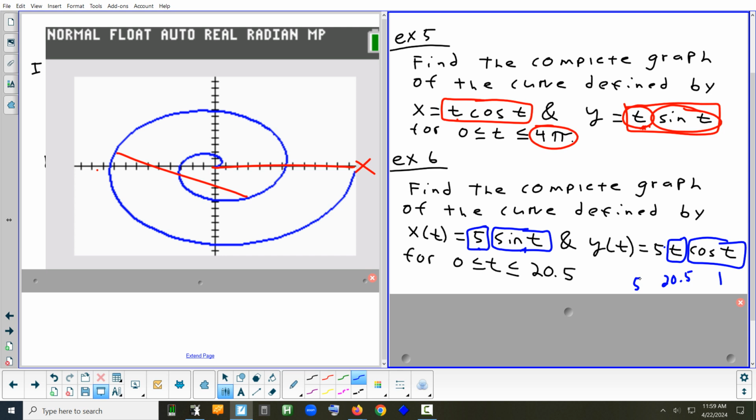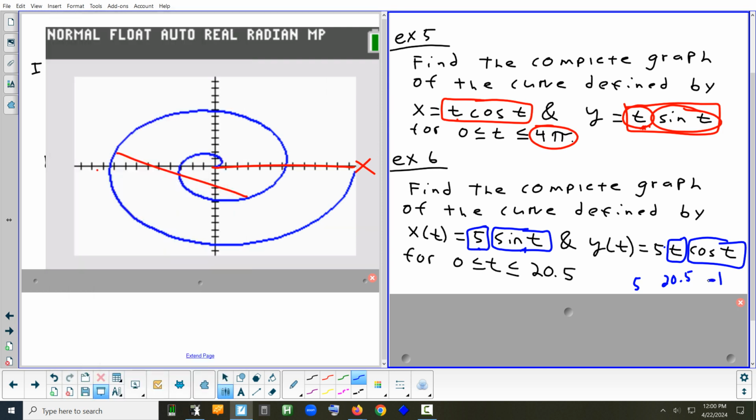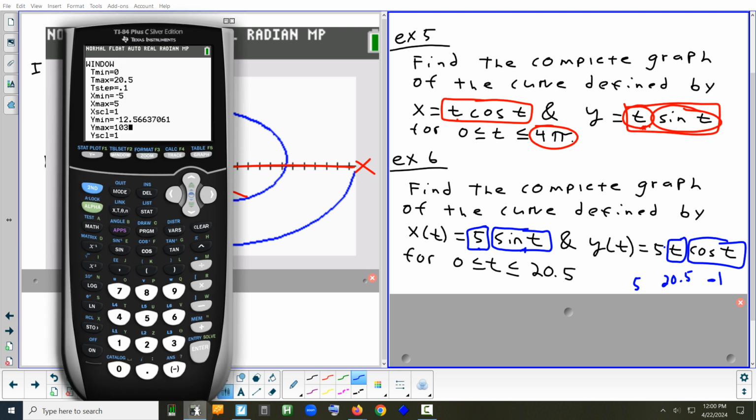So what's essentially 5 times 20.5? 102.5. Let's just call it 103. And now same idea again. What's the most negative that cosine could get? Negative 1. And if you multiply all that together, what's the lowest value you could ever get? Well, let's just call it negative 103.